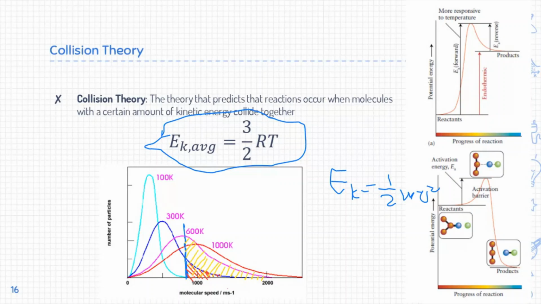Okay, so the reason why we can't do this is because increasing temperature doesn't just increase the rate of reaction for favorable reactions, but it increases the rate for all reactions. This means that unfavorable reactions will also get faster, which is a bad thing, which is why we can't just use the highest temperature for everything.